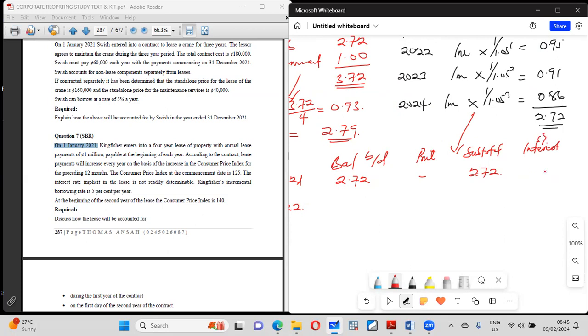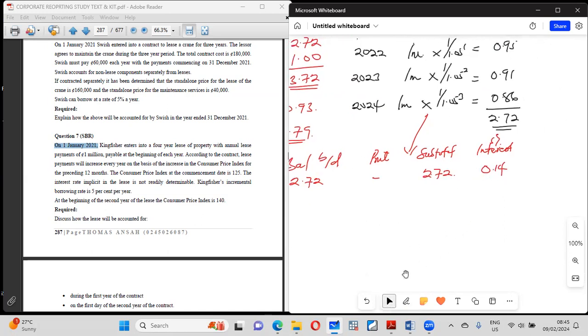If the thing is 6 months, just do 6 months of it. All right, so that is that. So I've rounded it and I have my balance carried down. Adding this one to the 2.72 gives me 2.86. So that is what I have.